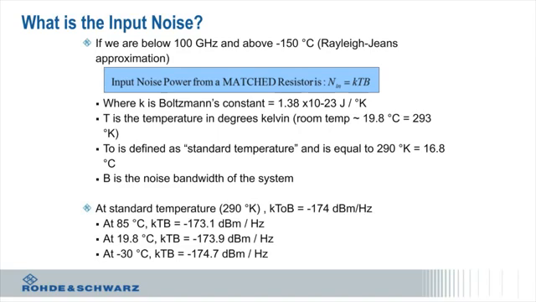So really, what you'll hear people typically talk about is KTB, which is minus 174 dBm in a 1 hertz bandwidth. So that's basically telling me that anything at or below that signal, I won't be able to see it because it's the same size as the noise environment around it. So therefore, it's difficult to discern it from the world around it.